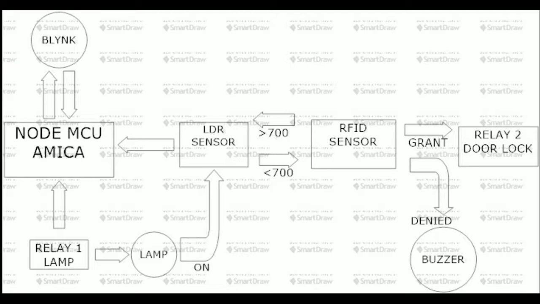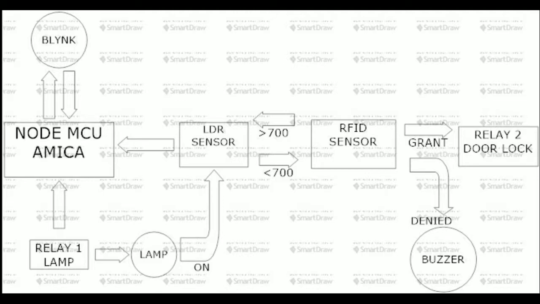Look at this. We have two arrows. It means two communications between Blynk and NodeMCU, for sending data and receiving data. Next, we go to the LDR sensor. The LDR sensor gets the light intensity data.